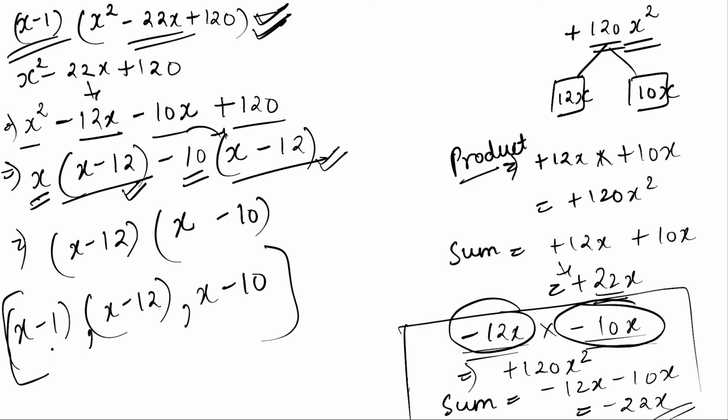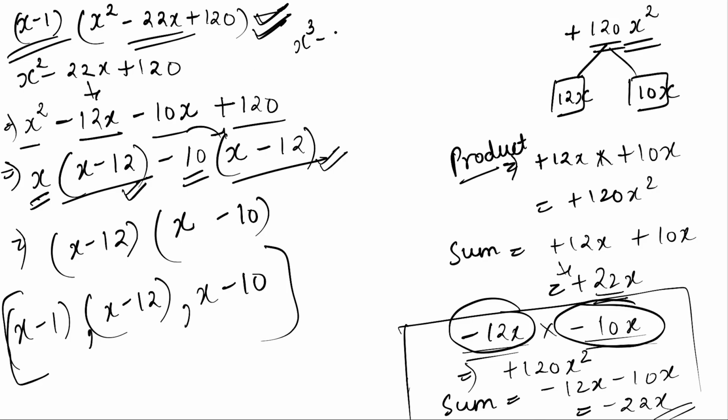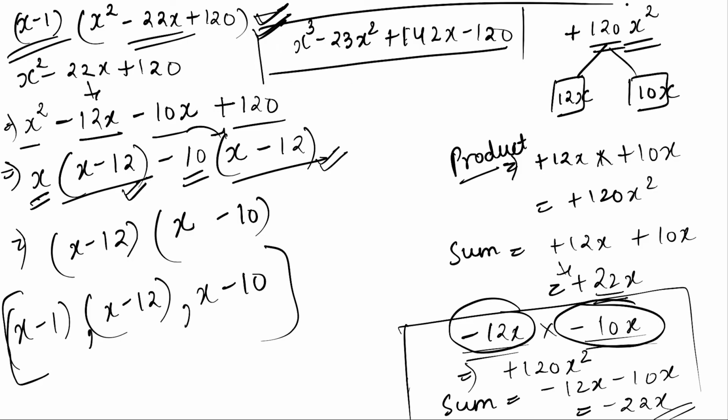So these are the factors of that cubic polynomial we took in the starting: x cube minus 23x square plus 142x minus 120. Okay, so this was your polynomial at the start.